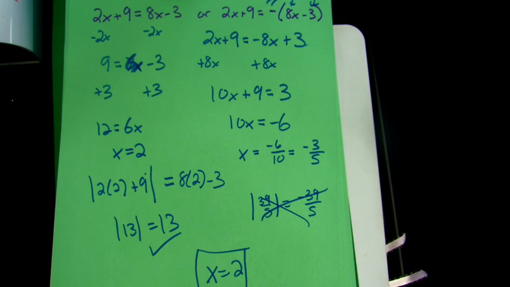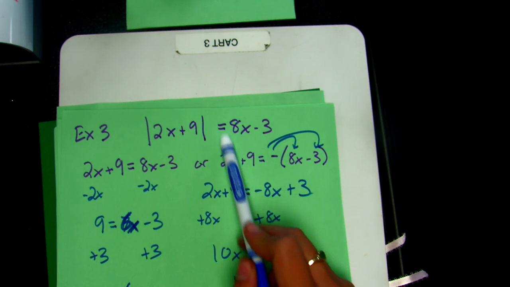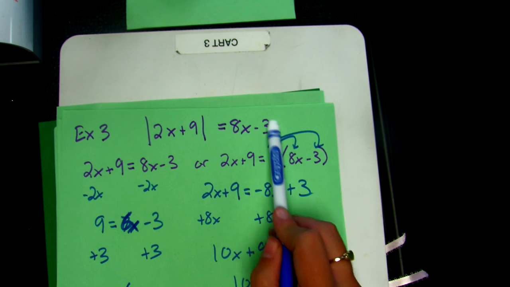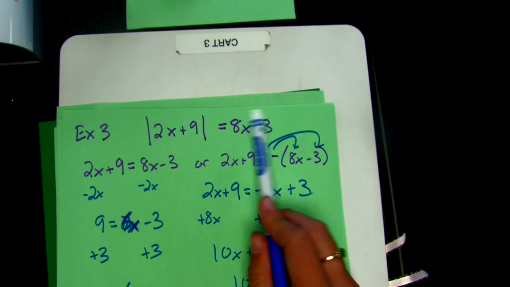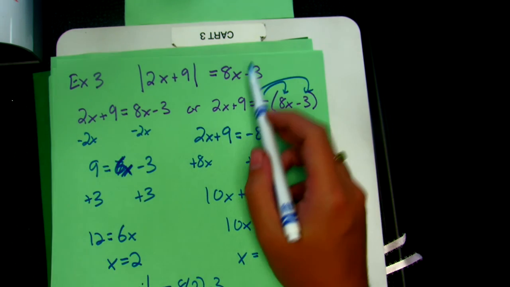So that is all for absolute value equations. As you know, anytime you have an example like example 3, think about the absolute value of any quantity being positive or 0. That means the right side needs to be either positive or 0.